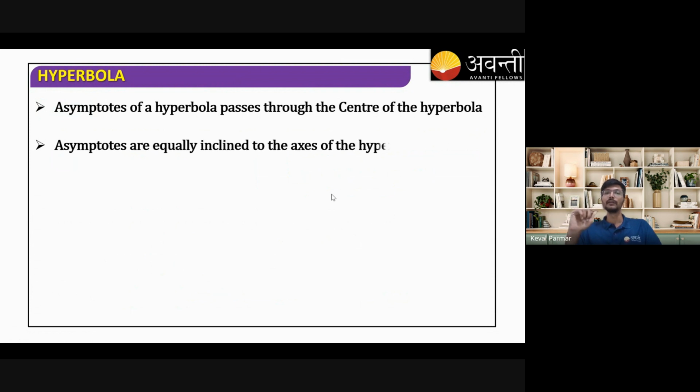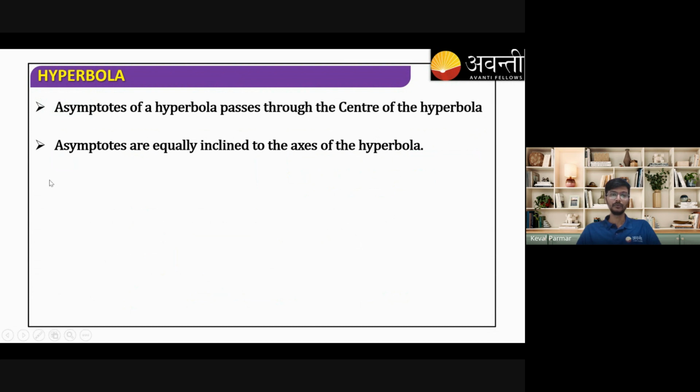Next point is, asymptotes are equally inclined to the axis of hyperbola. So for the standard hyperbola, guys, the axis were the x-axis and the y-axis. So the two lines which I draw were equally inclined to both the axes. That is 45 degrees, right? It was 45 degrees from x-axis, 45 degrees from y-axis.